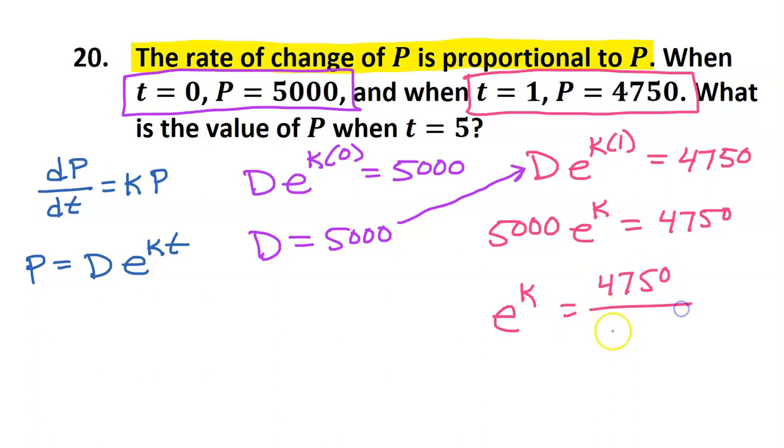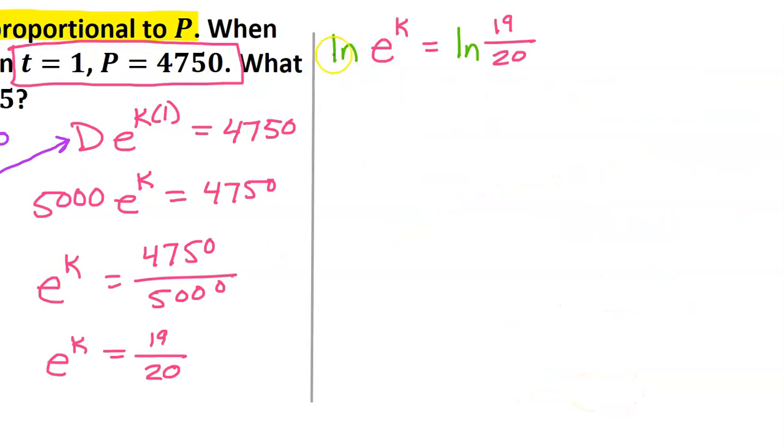Dividing both sides of this equation by 5,000, we get e to the k is equal to 4,750 divided by 5,000. Let's reduce this. e to the k equals 19 over 20. We can solve this for k by taking the natural log of both sides of the equation. Natural log and base e are inverse functions, and they cancel each other out, leaving only k.